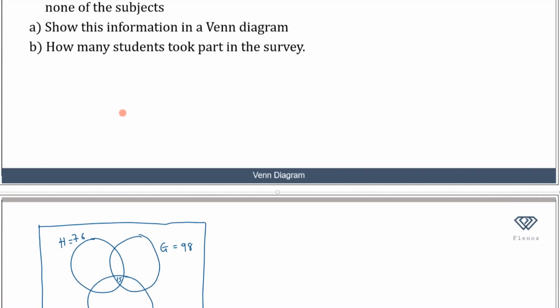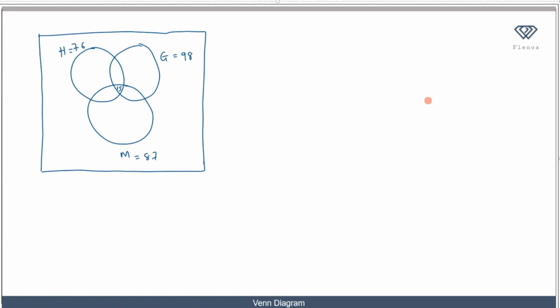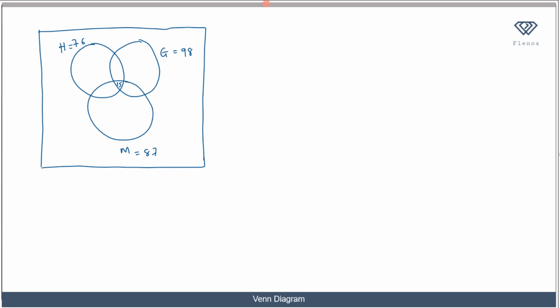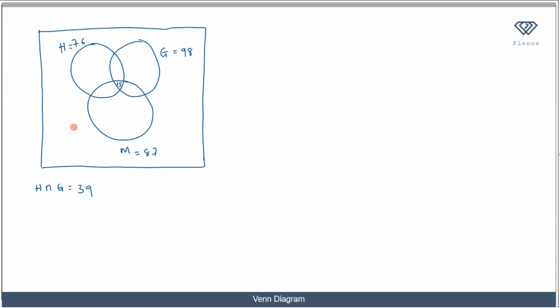Now also, what are we given? We are told that 39 like history and geography. So what does it mean? It means that the intersection of history and geography is equal to 39. We are also told that 37 like history and mathematics, so the intersection of history and mathematics is equal to 37.